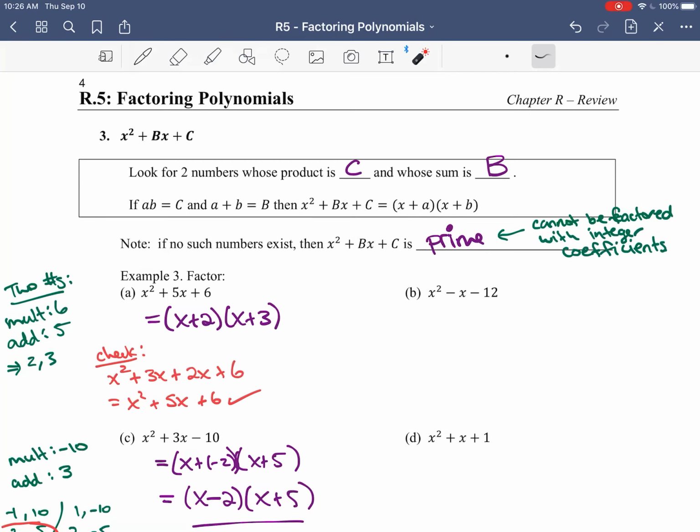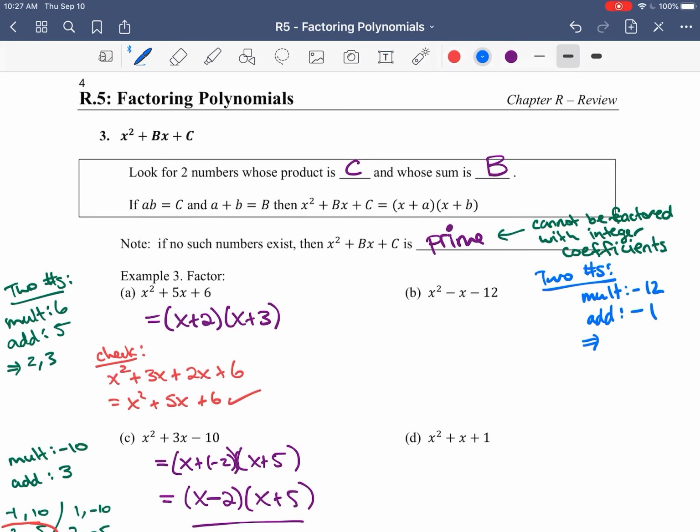So we want to look for two numbers, okay, integers in fact, who multiply to c, so that's negative 12, the constant term, but add to the middle coefficient, which is negative 1. So you want to think about what multiplies to negative 12. So one of the integers is going to be negative. So it's 1 and 12.